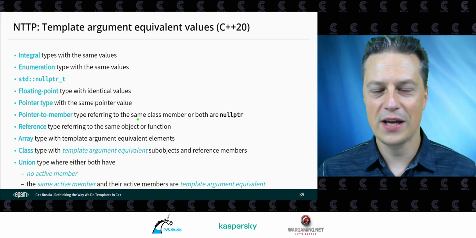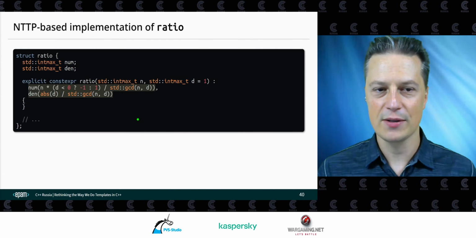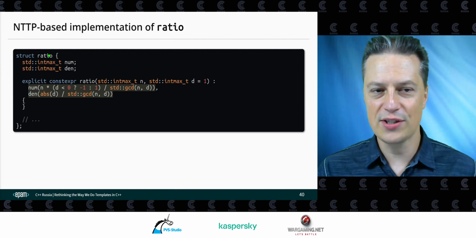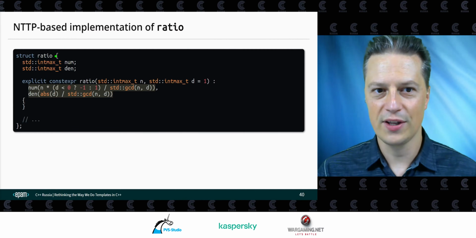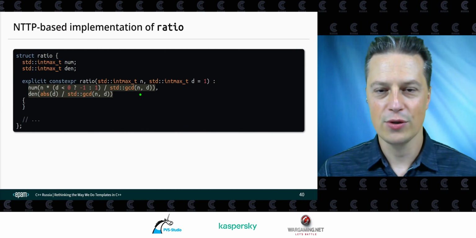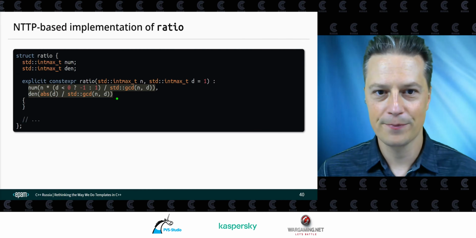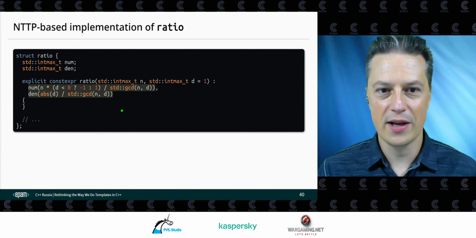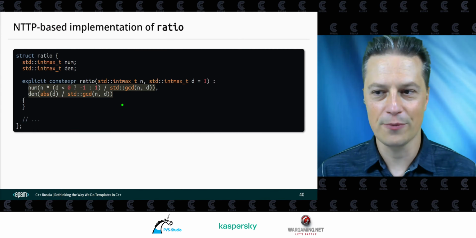So let's try to write a ratio as an NTTP-based class. We are writing a simple ratio that's not a template anymore. It has a numerator and denominator. It gets a constructor that basically does all of these calculations in the constructor initializer list using plain constexpr functions here, the same as we used in the second implementation of ratio.